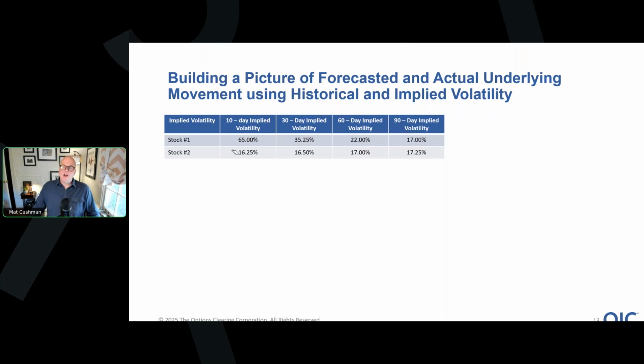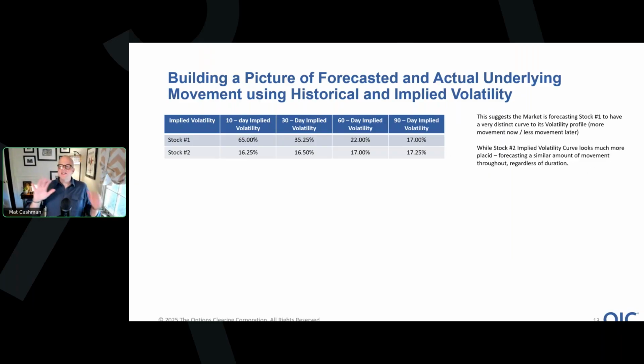So for stock one, we can think about this as the 10-day, the 30-day, the 60-day, and the 90-day. The 10-day is priced on a 65 vol. The month vol is priced on a 35, a 22, and then a 17 as you go out in time. Contrast that with the second stock, stock two, which is essentially priced somewhere around a 16 to a 17 vol, regardless of the duration of the options.